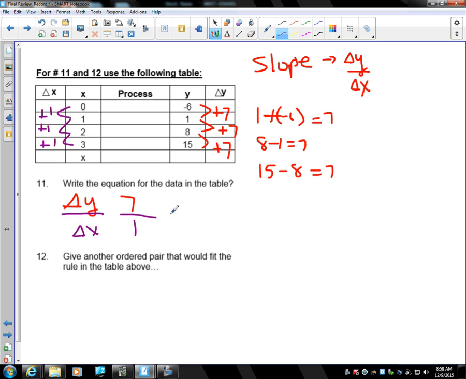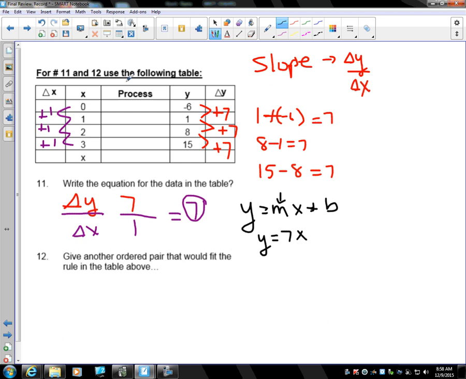And 7 divided by 1 is 7. So I know that my slope is 7. So in my equation, y equals mx plus b, I know that my m, or my slope, is going to be 7. So y equals 7x. Now let's find out what the b is.